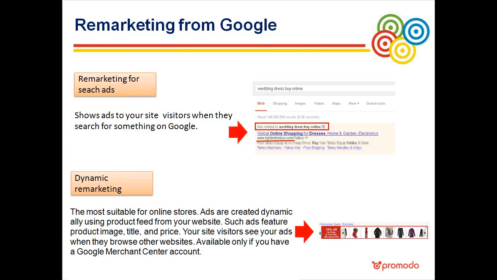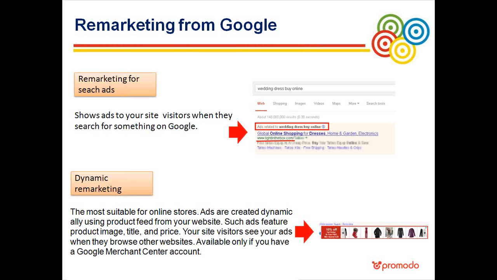But what is good is that you can target your visitors more specifically because you define the list of visitors which have been to your site before, and you can set higher bids because you know these visitors are more interested in your brand, and you can set up special keywords and interest for these people and create separate ad banner which will be shown to this kind of audience.